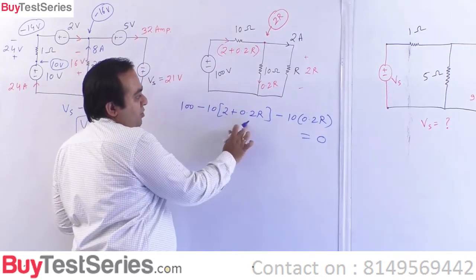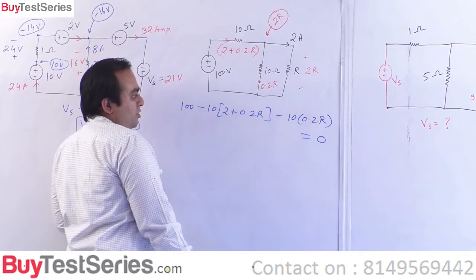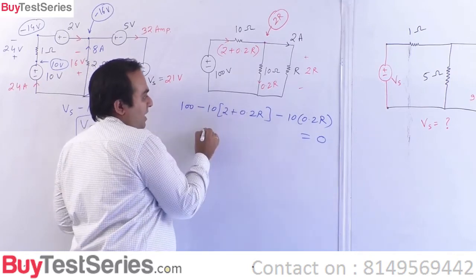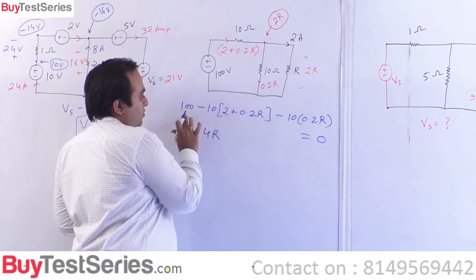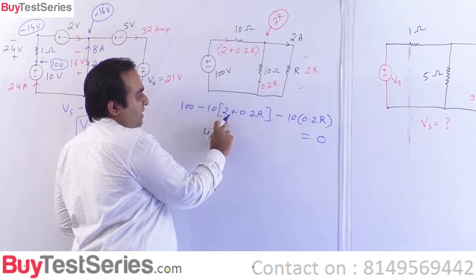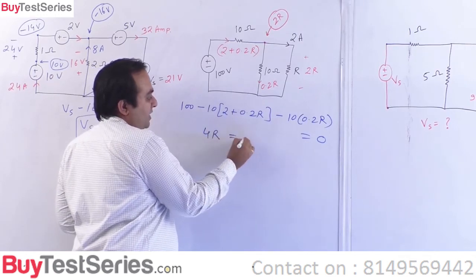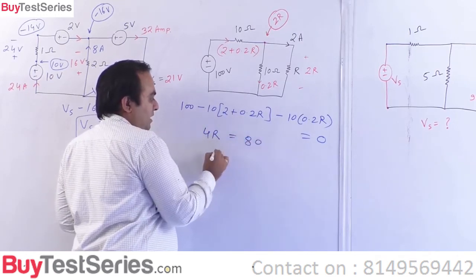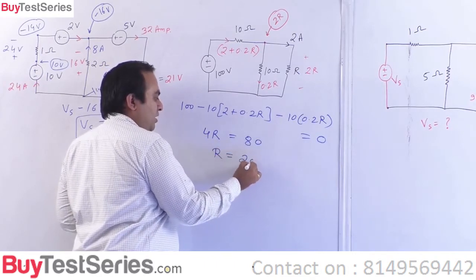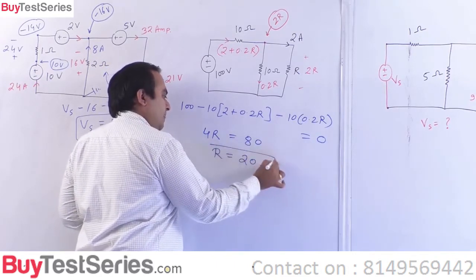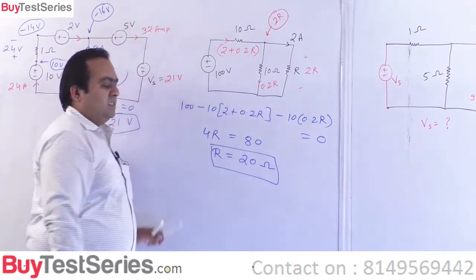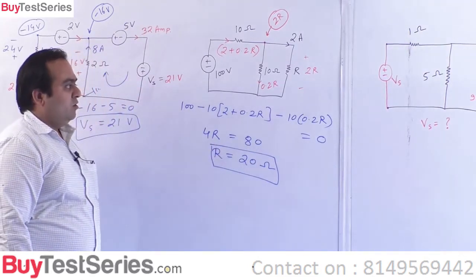So 10 into 0.2 R, 10 into 0.2 R, so it's like 4 R. So 100 minus 20 comes out to be 20 ohms. So the answer to this question is 20 ohms.